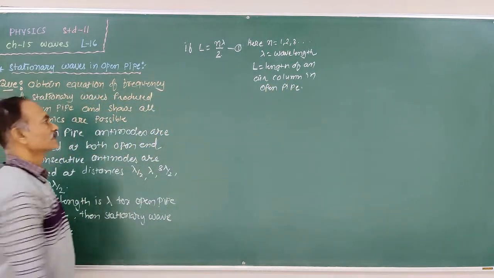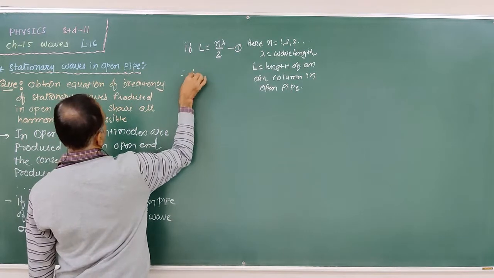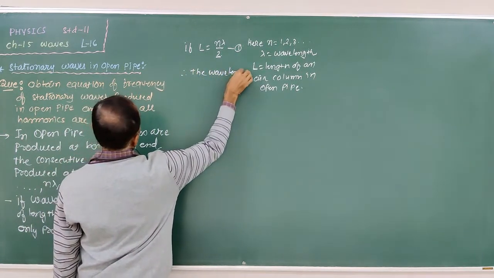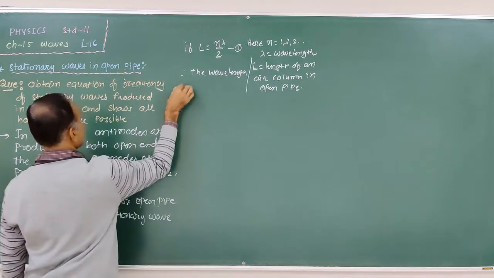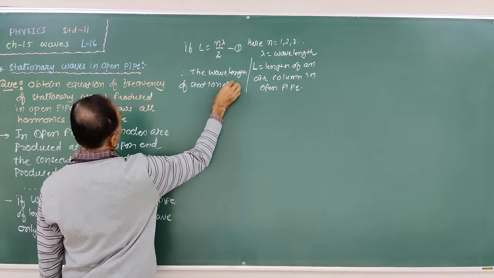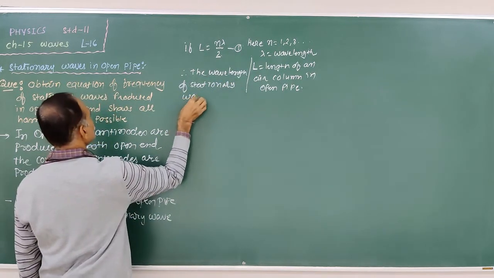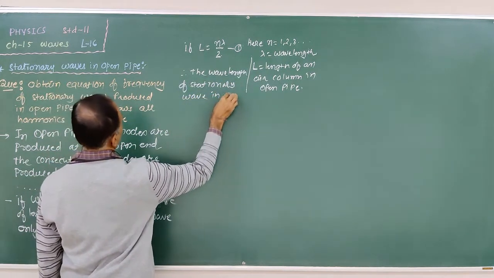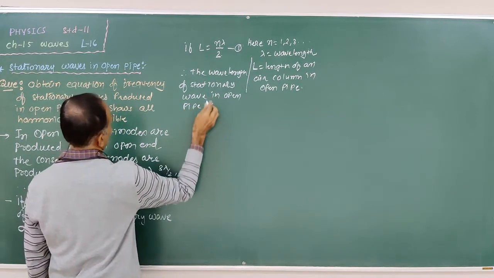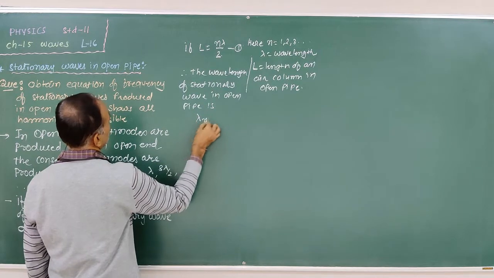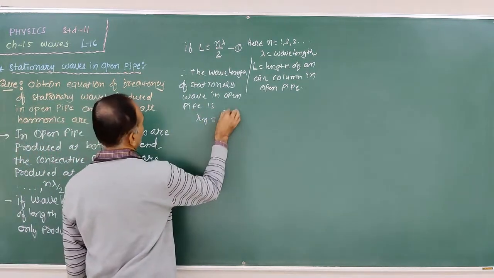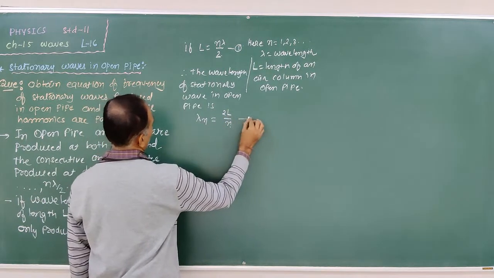Therefore, the wavelength of the stationary wave in an open pipe is lambda n is equal to 2L upon n. This is the second equation.